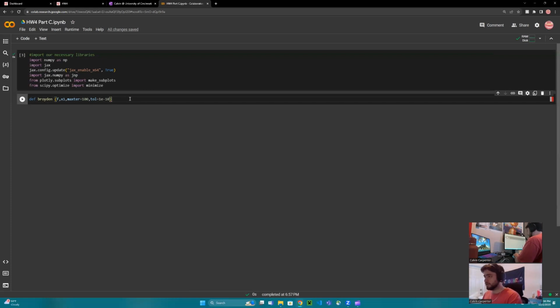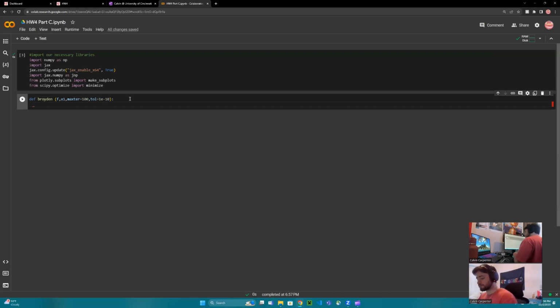Make sure to include the colon this time. Pretty sure I screwed that up last time. So this is going to be the initial evaluation of the function and its norm.